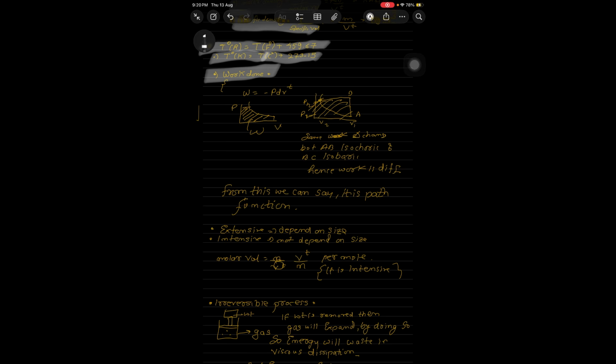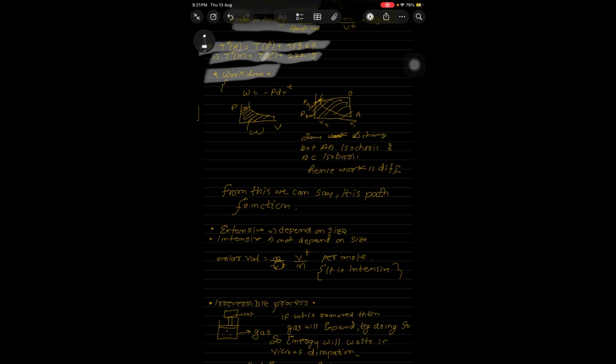We see pressure is equal to force upon area, so force will be equal to pressure into area. So now we can write work as force into displacement, and also as pressure into area into the displacement.